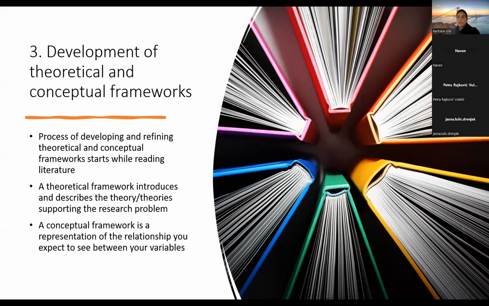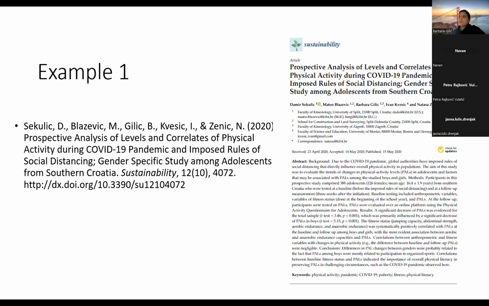Briefly, a theoretical framework describes the theory which supports the research problem, while a conceptual framework represents the relationship you expect to see between your studied variables. I will try to explain this in more detail now.